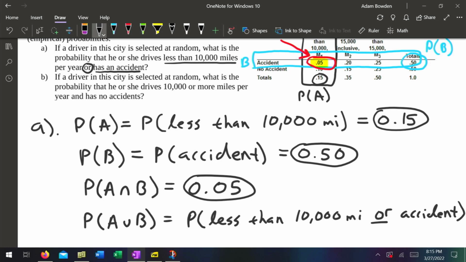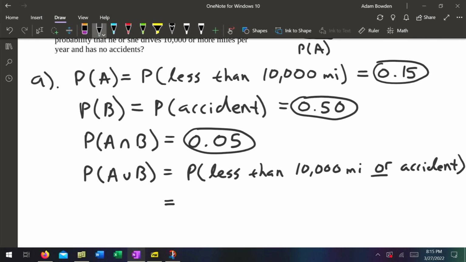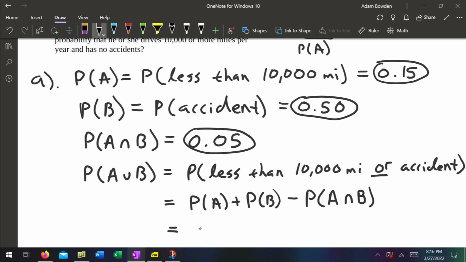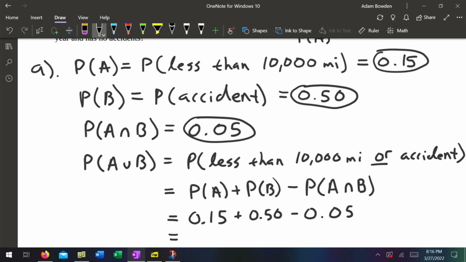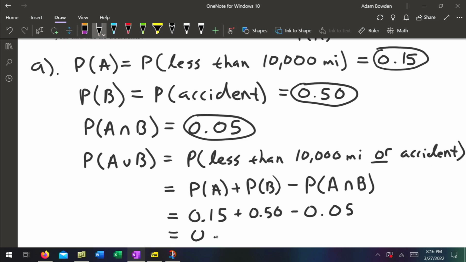And we're going to do that using our formula for A union B: probability of A plus the probability of B minus the probability of A intersect B. So that would be the probability of A, which is 0.15, plus the probability of B, which is 0.50, minus the intersection probability of A intersect B, which is 0.05. Put that all together, and the answer is 0.60. That is the probability of less than 10,000 miles driven or an accident occurred.